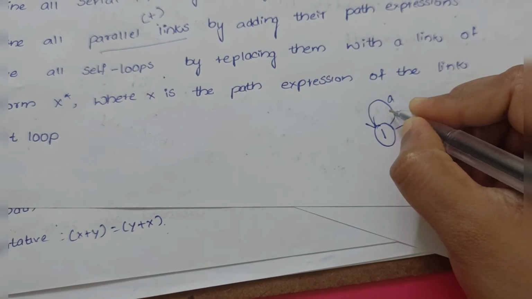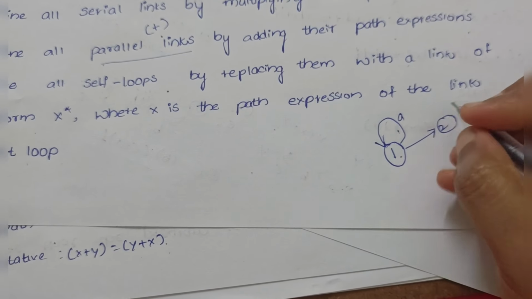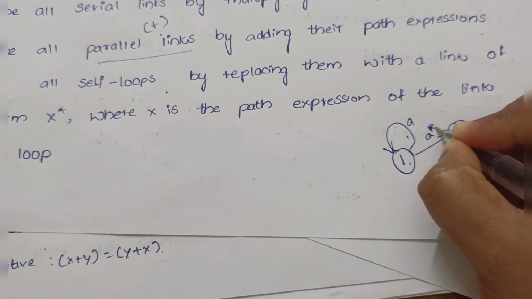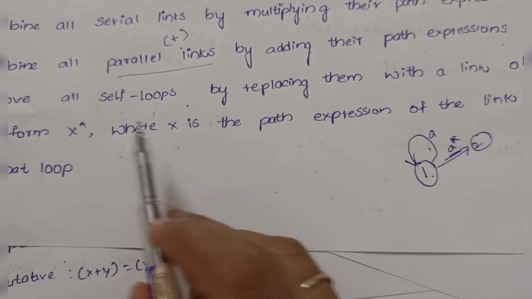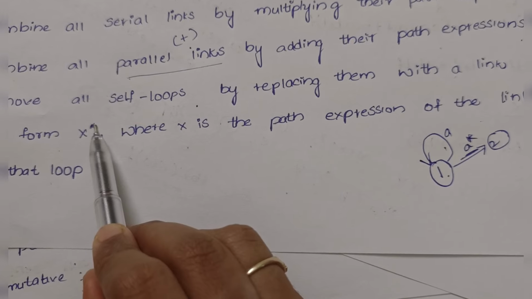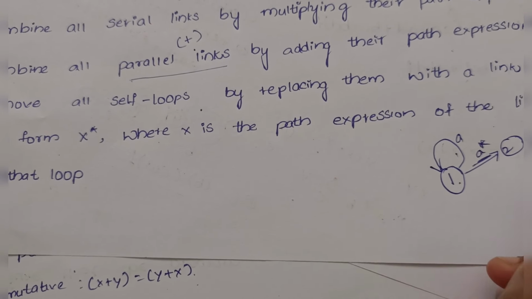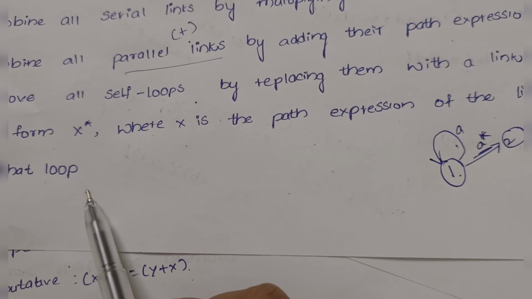This is called a self loop to itself. This can be written as X star, where X is the path expression of the link in the loop.